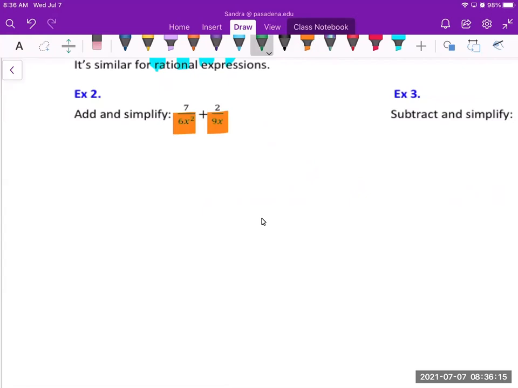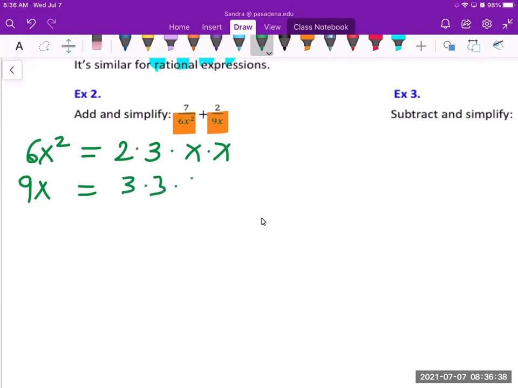So the first thing to do is find the LCD, basically. So this is what I'm going to do. I'm going to factor out the 6. I know that that is 2 times 3, and then I have 2 x's because this is x squared. And then the 9x is 3 times 3, and then I only have 1 x.